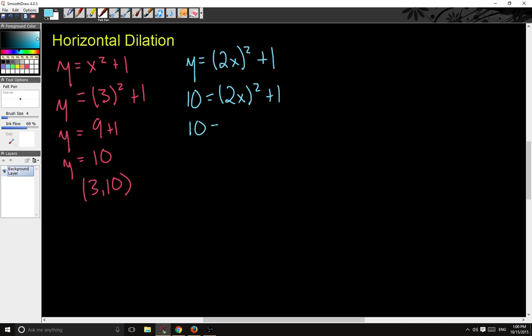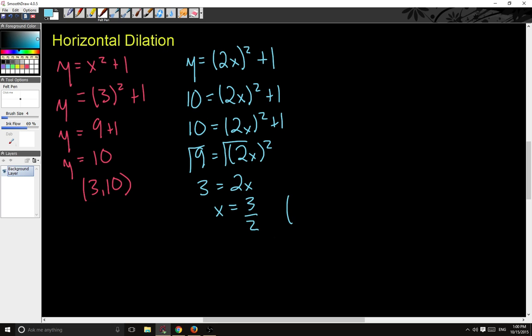So we're just going to solve for x. Subtract 1 from both sides. I'm going to square root each side. And we see that x equals 3/2.